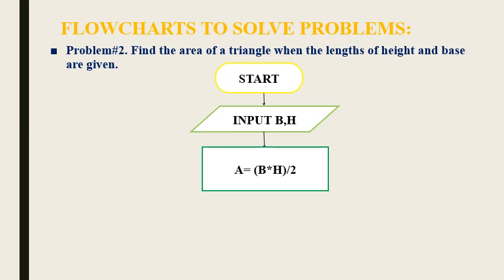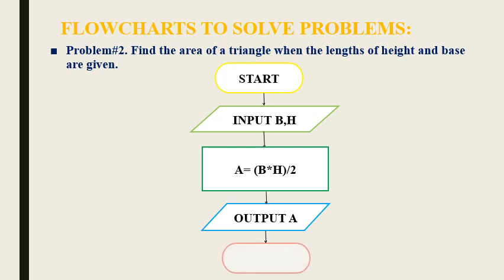Now here we use the formula to calculate the area of the triangle. A is equal to B into H divided by 2. Now our required output A, and then stop.